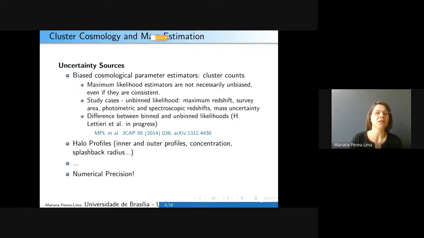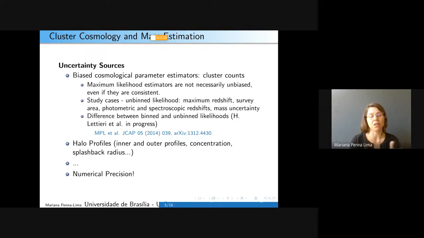And another uncertainty source that we have to deal with in classical cosmology: we have to study the estimators of the cosmological parameters. For example, for cluster counts, we have carried out a study considering an unbinned likelihood for cluster counts.